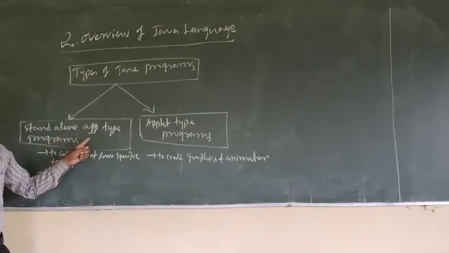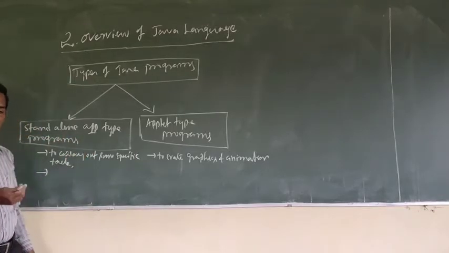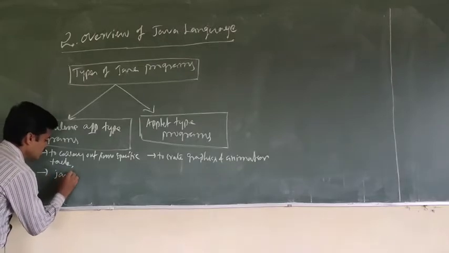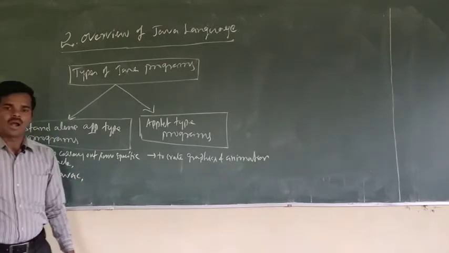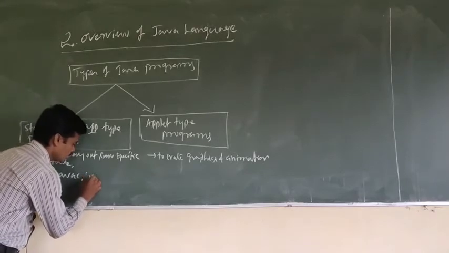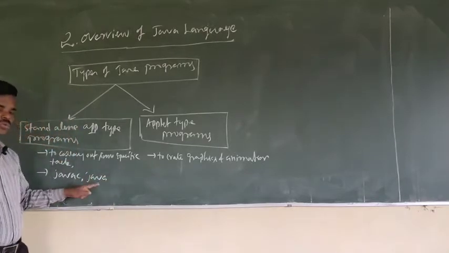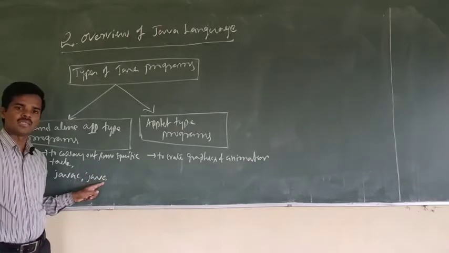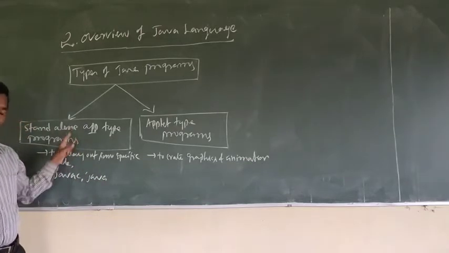Standalone application programs are compiled using the Javac compiler, and they run with the Java interpreter, that is called java. So, these are the two tools we use to compile and run application programs.